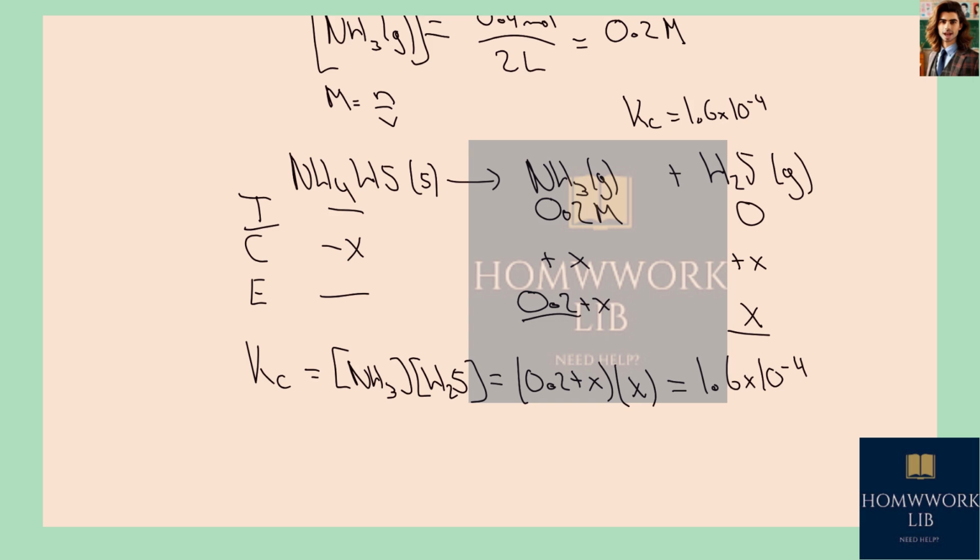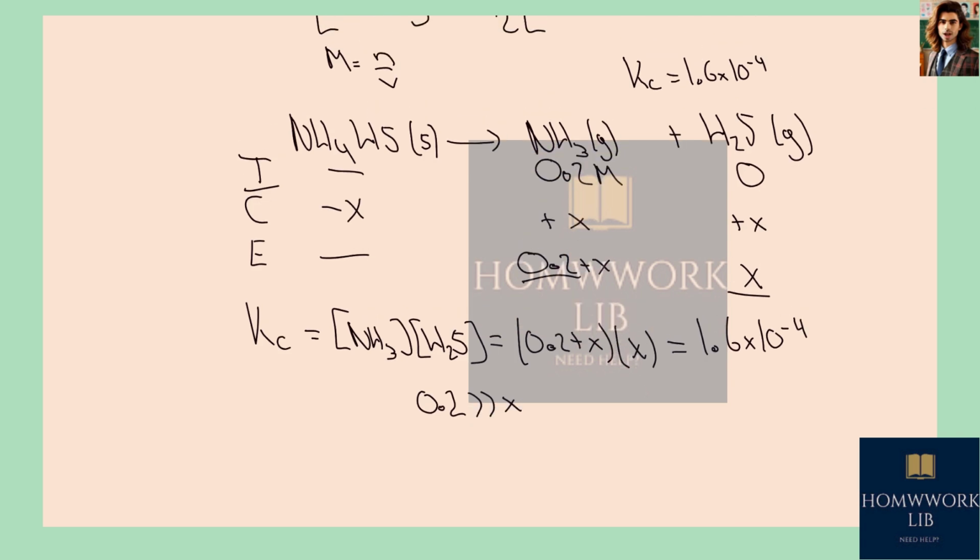So now, what we are going to do is take the approximation that 0.2 is going to be much larger than the value for x, because we know that Kc is a small value. Under this approximation, our equation becomes, instead of having 0.2 plus x, this is going to be equal to 0.2.